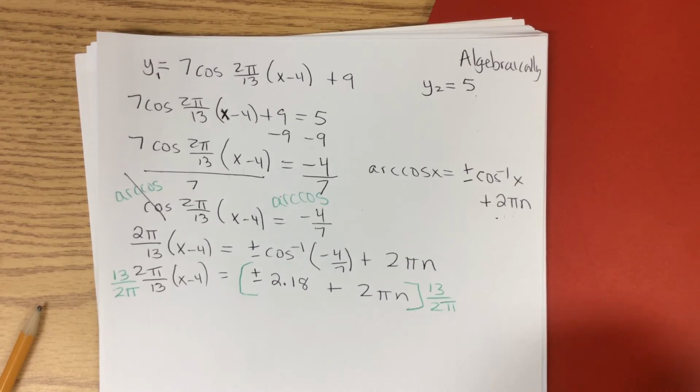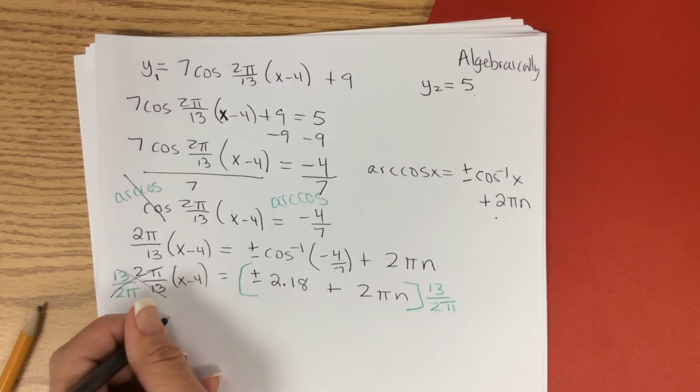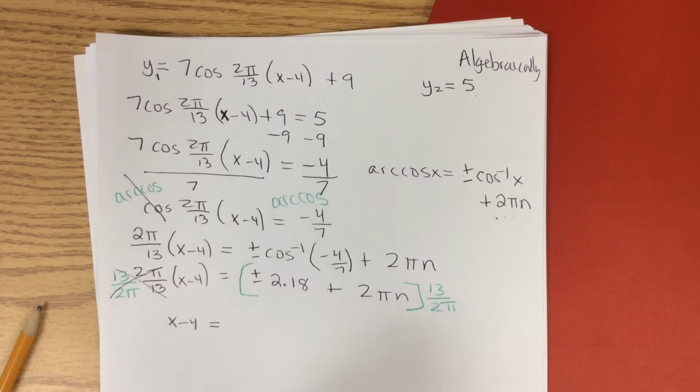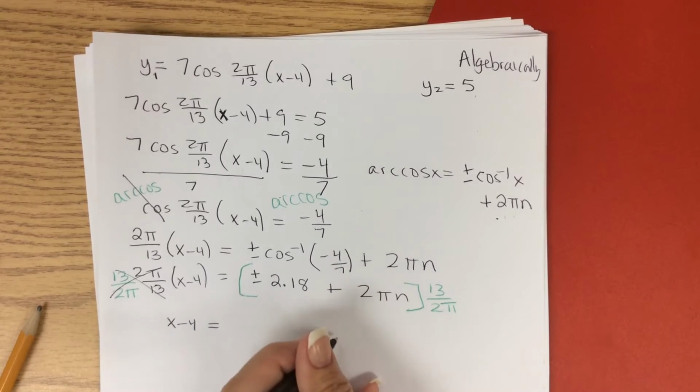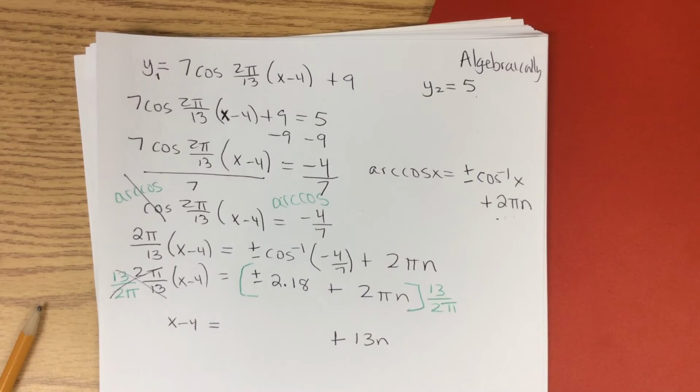On the left-hand side, it cancels the 2 pi over 13 and leaves you with x minus 4 equals. Now, nobody's going to forget to multiply the 2 pi n by 13 over 2 pi. And you're excited to do that because what happens? The 2 pi's cancel and leave you with plus what? 13n.